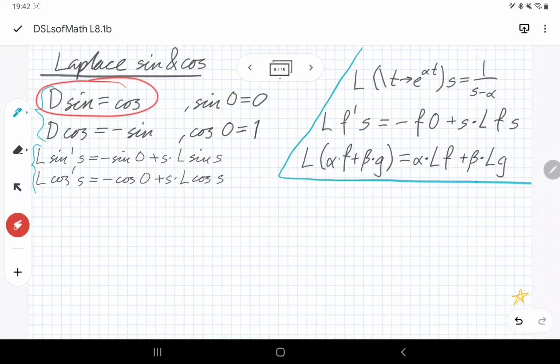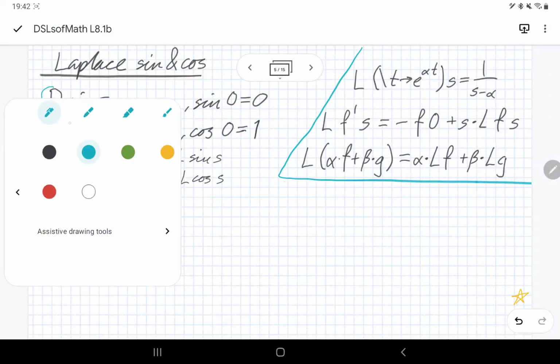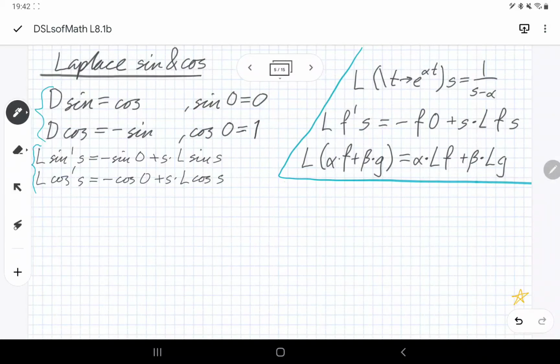Now I use the specifications to rewrite using these four pieces of knowledge, so that we get the next step. The Laplace of the cosine of s equals 0 plus s, well, I don't even have to write the plus, let's just shorten it.